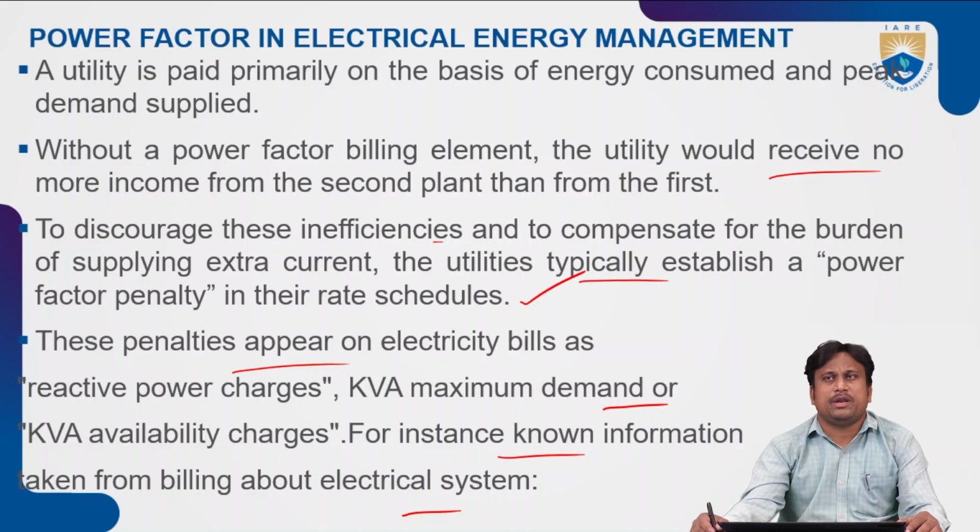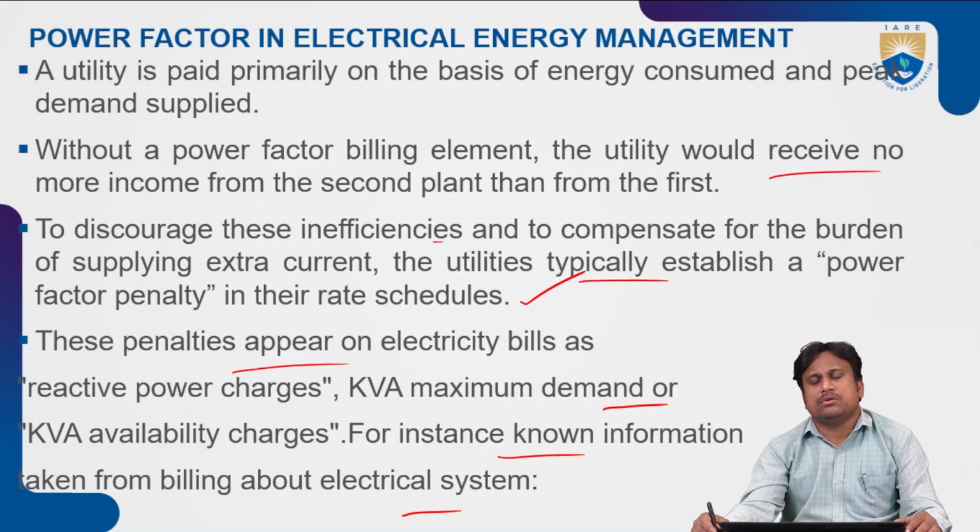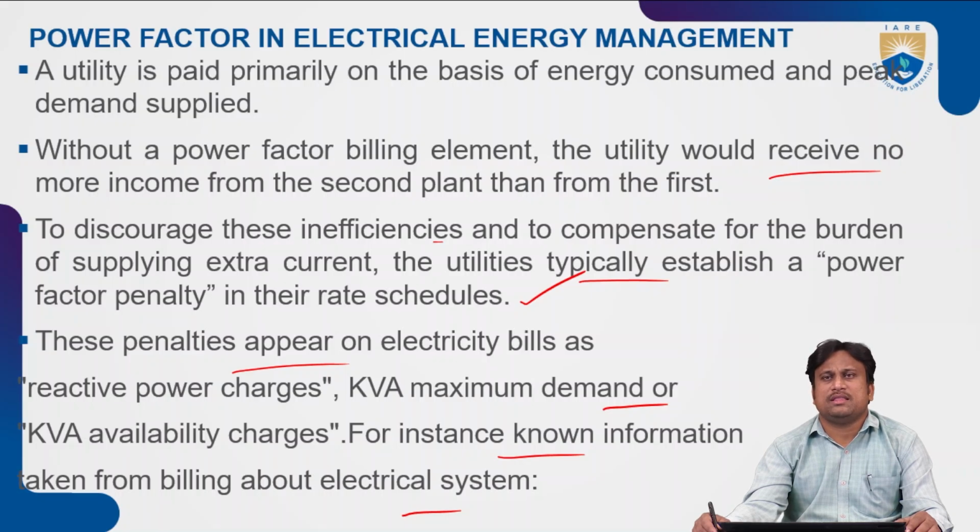So the utility is ready to receive no more charges from the second plant when compared with the first case. So to compensate for the burden of the entire extra current, consumers typically face power factor penalty considerations in their rate schedule. These charges appear indirectly on the electrical bills as reactive power consumption charges.